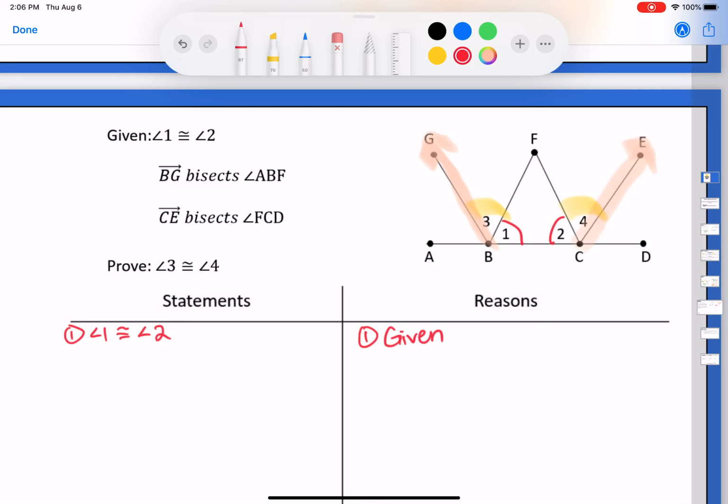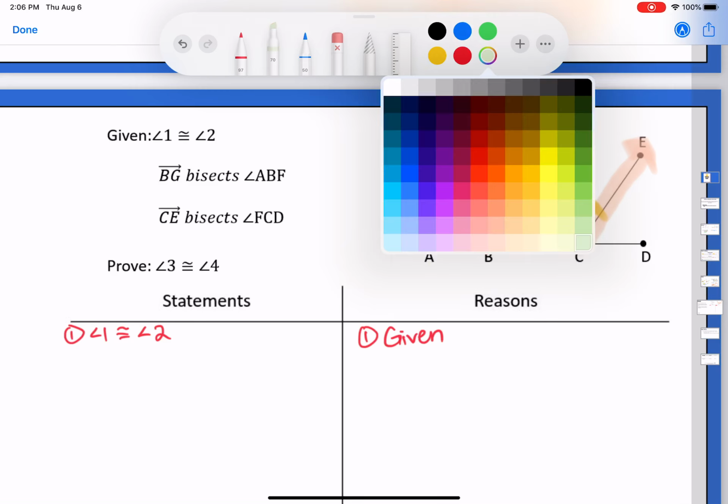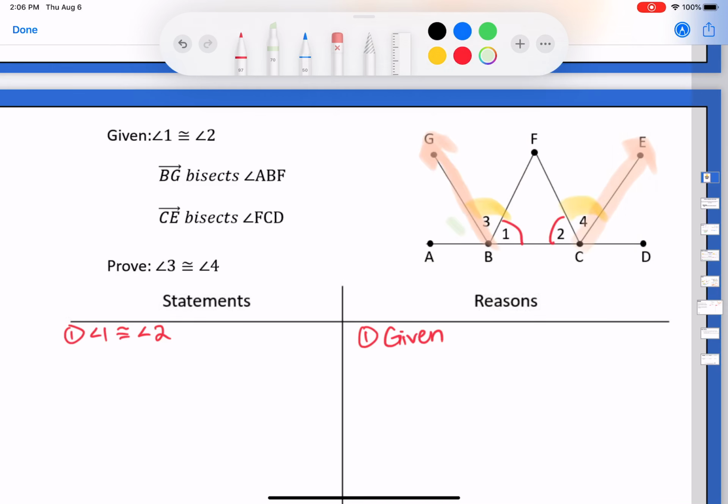Now, bisected would give me, I would know for sure that these two angles were congruent. Like ABG and angle 3 are congruent because of bisect. But that doesn't tell me why 3 is congruent to 4. Same thing over on the left, right? I would know ECD is congruent to angle 4 because of bisect, but not 3 to 4.